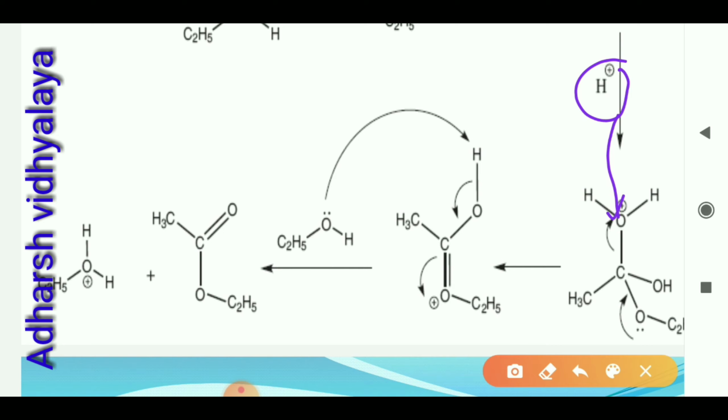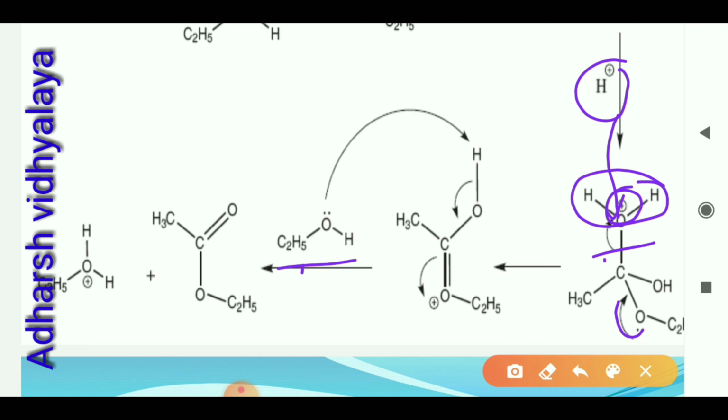The lone pair of electrons of this oxygen makes a bond with H plus, so electron deficiency occurs. The lone pair of electrons from this oxygen moves towards this carbon, so the electron density increases around this carbon. There is breaking of the bond between carbon and oxygen. There is loss of a water molecule.